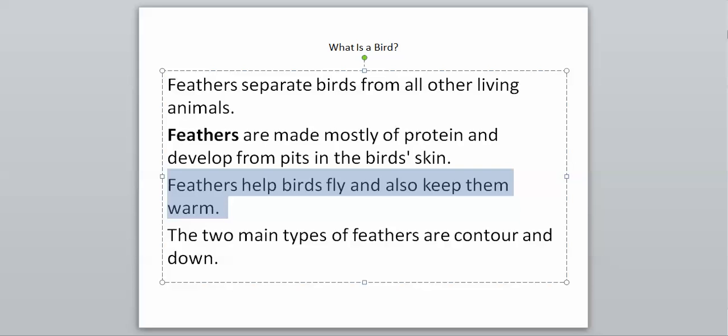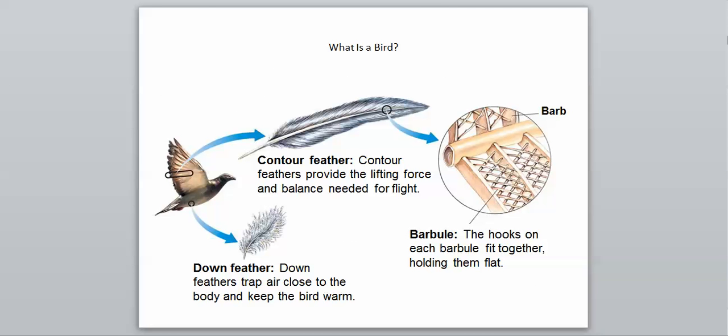There are two different types of feathers to serve those different functions: contour and down feathers. We have our picture here. Down feathers are used to trap air close to the body and keep the bird warm. This is what's found in a lot of pillows and comforters.